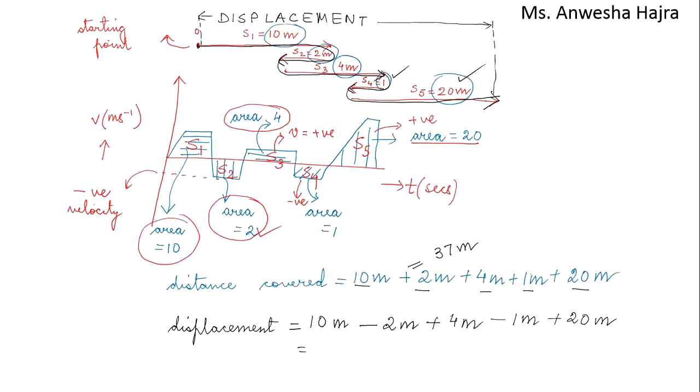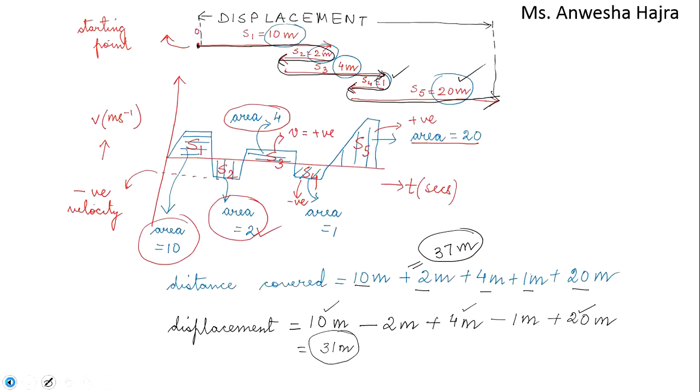It is 10 minus 2, 8, plus 4, 12, minus 1 is 11, plus 20 is 31 meters. The answer is not the same. 10 meters plus 20 meters, 30, plus 4, 34. From 34 you minus 3, it is 31 meters. Here the distance and the displacement are not the same.